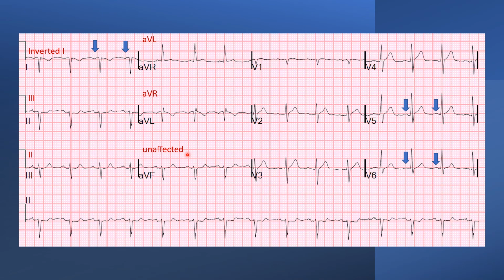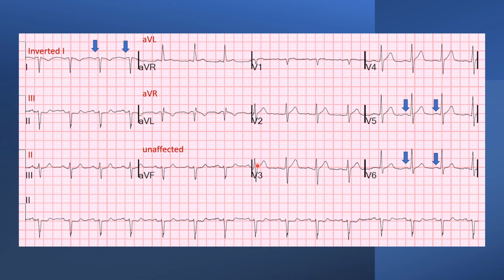This is an ECG where the limb leads have been switched. Now the precordial leads in this ECG are not switched, and therefore I will show you the difference between the ECG that you were given and this EKG where only the limb leads were switched.